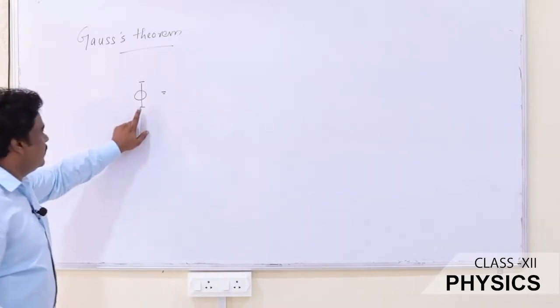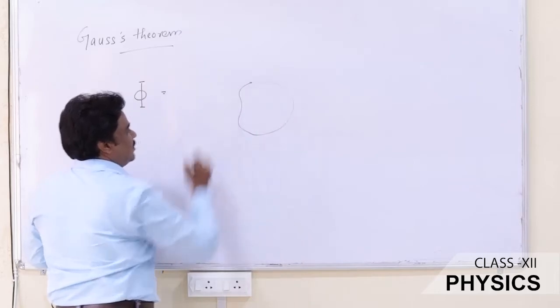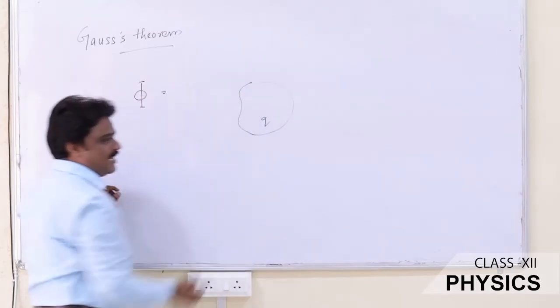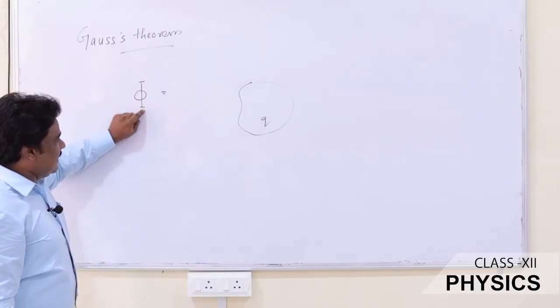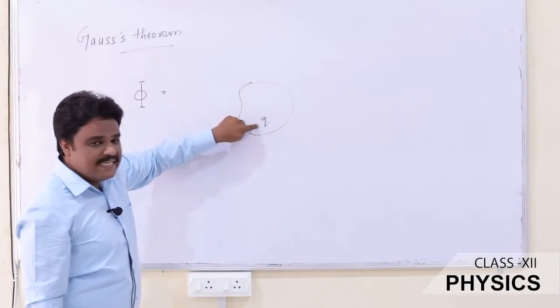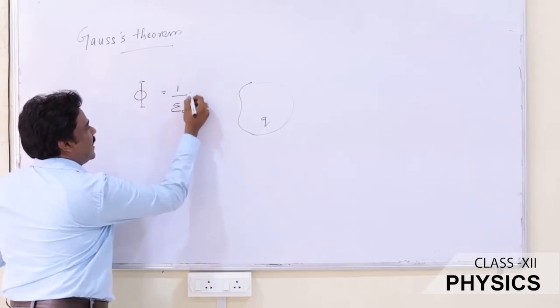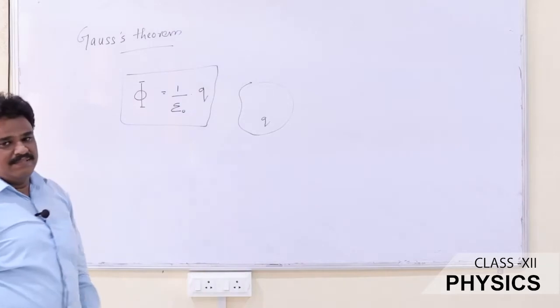So what about the total electric flux linked with a closed surface? I am going to assume this is a closed surface in which charge Q is enclosed. According to Gauss theorem, the total electric flux linked with a surface enclosing a charge Q is equal to 1 by epsilon naught times the magnitude of charge enclosed.